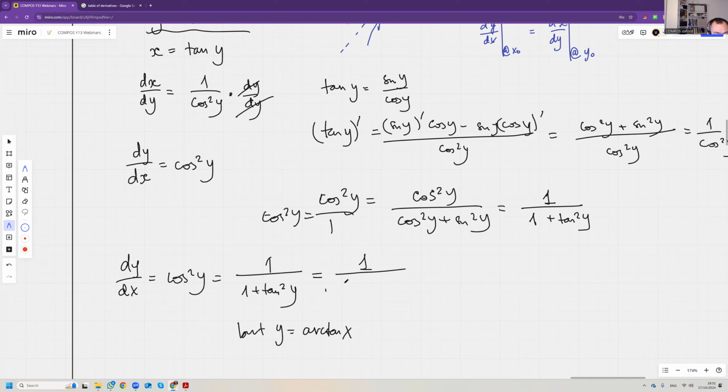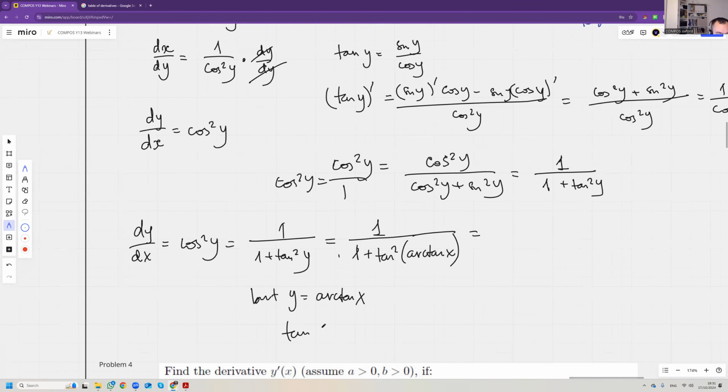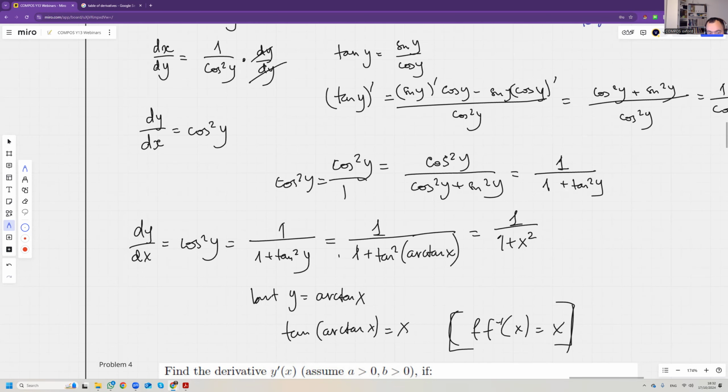So it's 1 over 1 plus tan squared arctan x, and tan arctan x is actually x, because f of f minus 1 of x is always x. We know this. Therefore, it is 1 over 1 plus x squared.